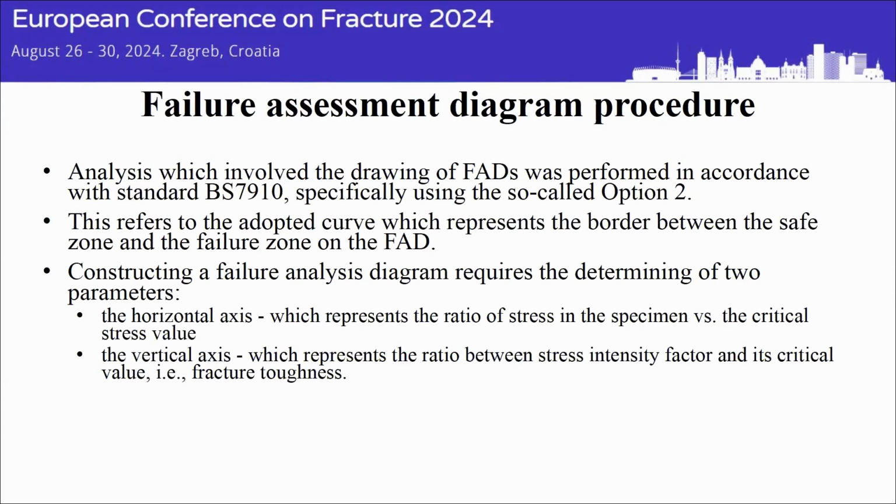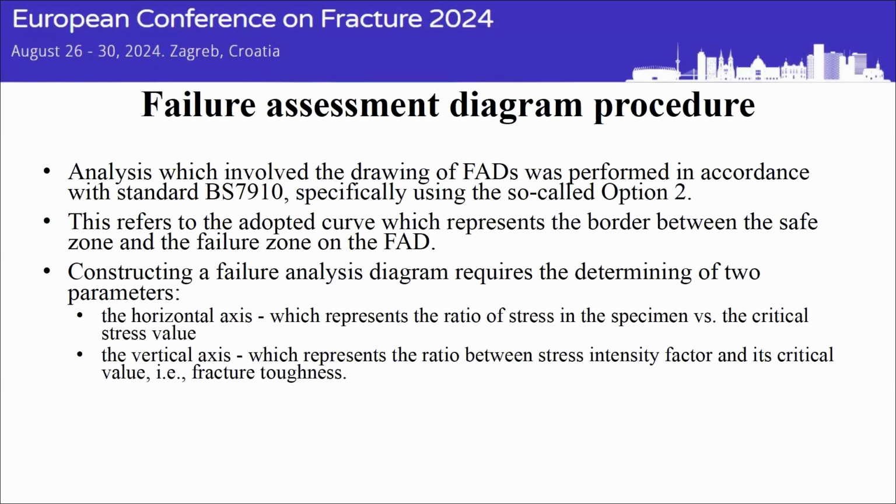In order to obtain the failure assessment diagrams, we worked in accordance with the standard BS 7910, specifically the one that uses the so-called option 2, which refers to the type of the limit curve that is used for the diagram itself. And in order to construct a failure assessment diagram, two parameters need to be determined.